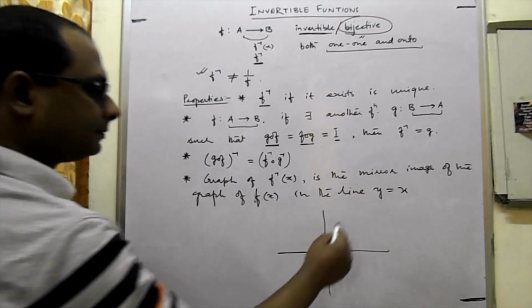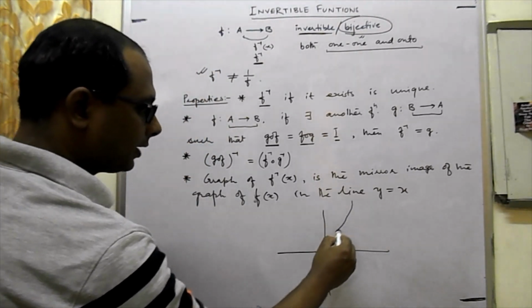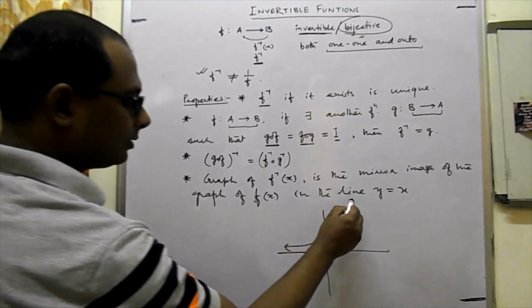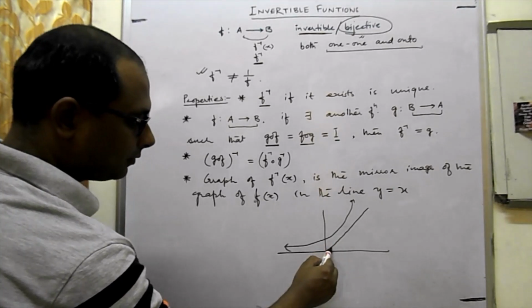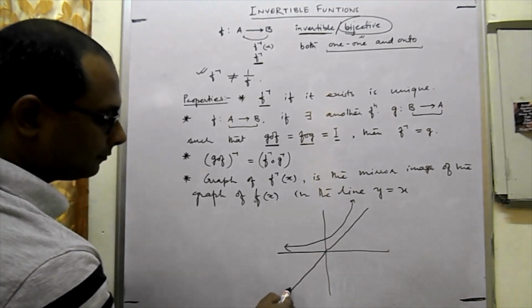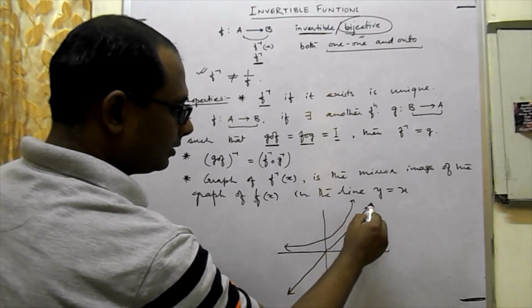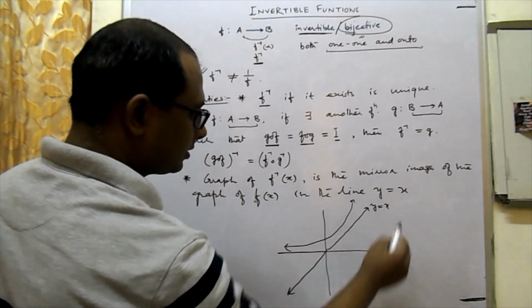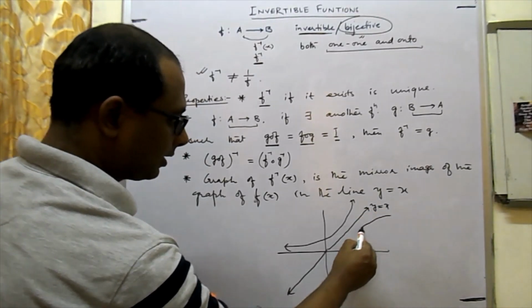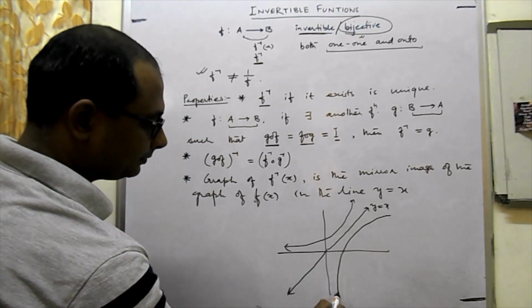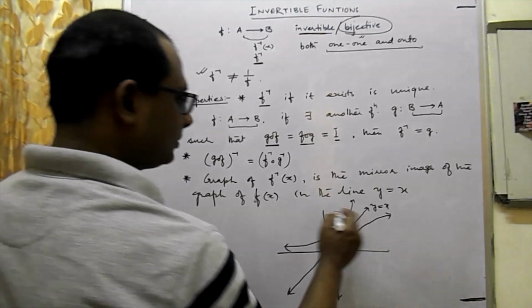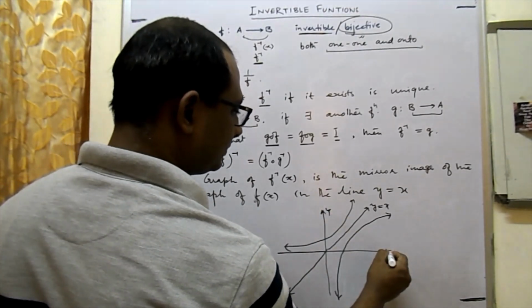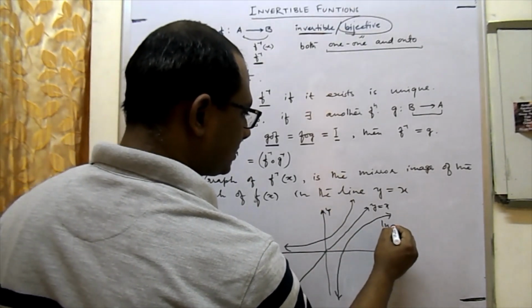So if we know the graph of one function, suppose e to the power x, we know the graph of e to the power x is like this, right? Then the graph of the inverse function will be the reflection of this graph on the line y equal to x. If we take the reflection, we will get something like this, and this is nothing but ln of x.